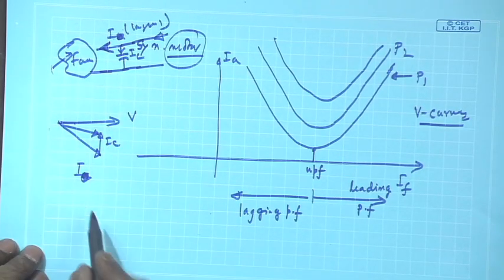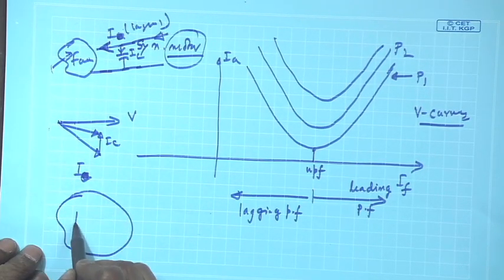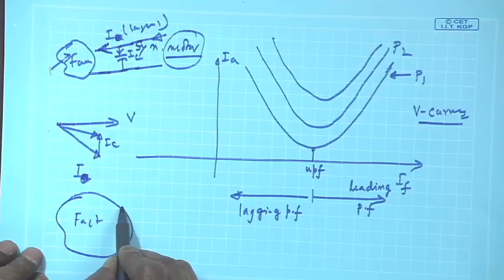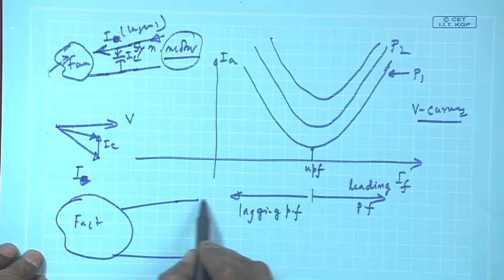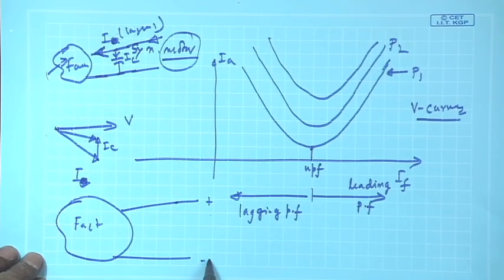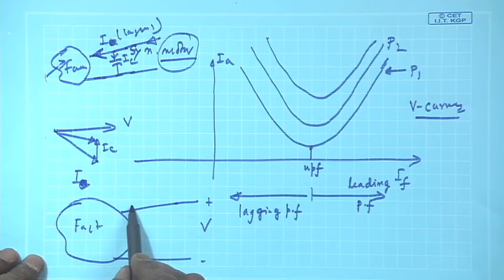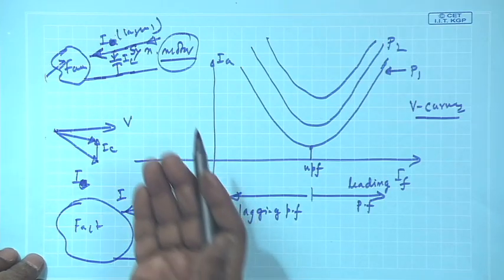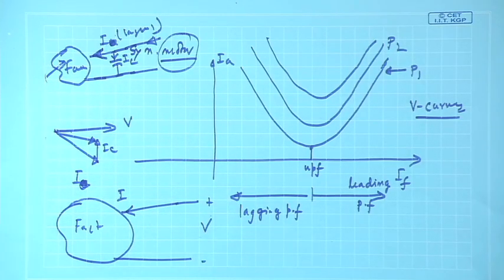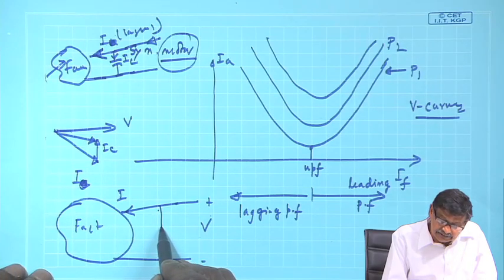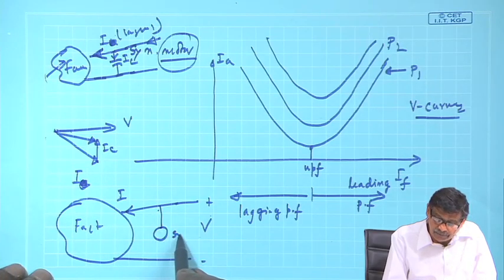But now I know what I will do is this: a factory is there, this is the supply, okay. Without a condenser or capacitor, the factory is drawing a poor lagging power factor current. Then one earlier solution was to connect a suitable capacitor, but instead of doing that, you now connect a synchronous motor.